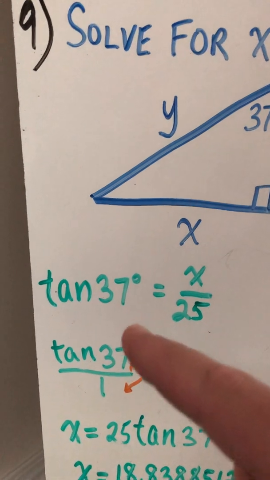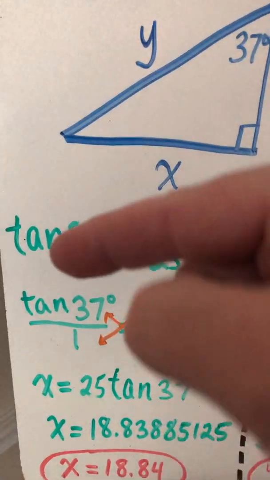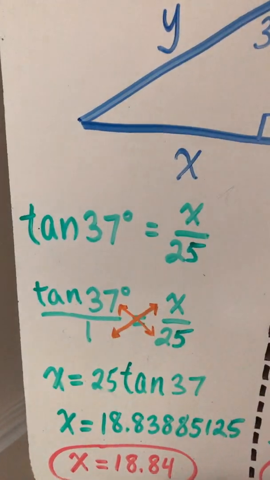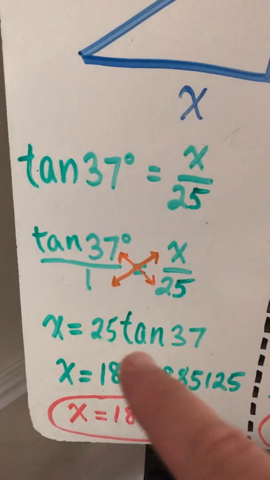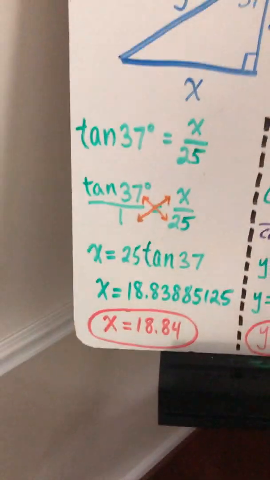I'm going to put tan 37 over 1, and I'm going to cross multiply, right? Tan 37 times 25 equals 1x, or x. X equals 25 tan 37. Okay, now here's how you're going to do that on a calculator. On a regular calculator like this, it said 25 tan 37.